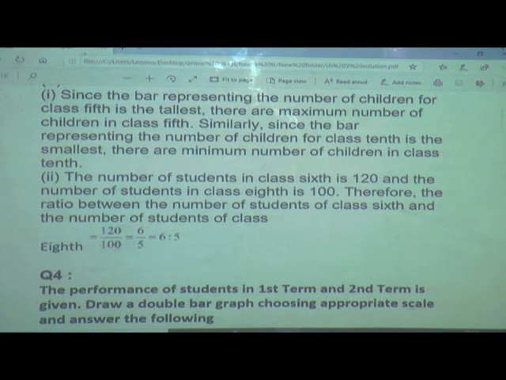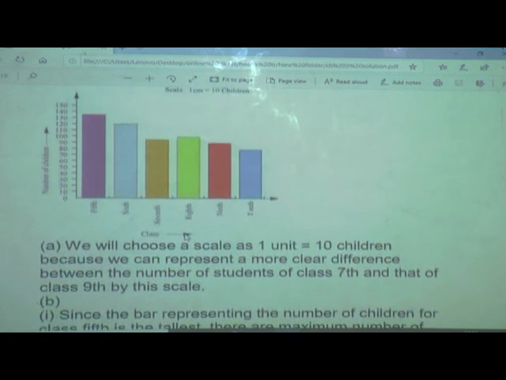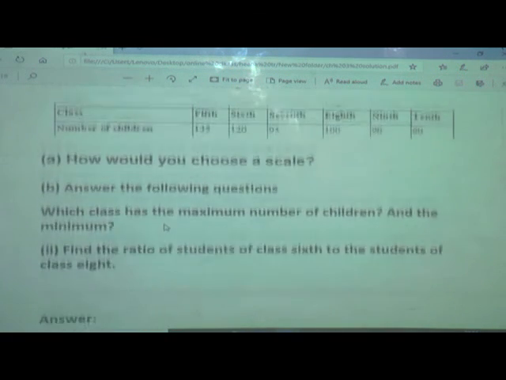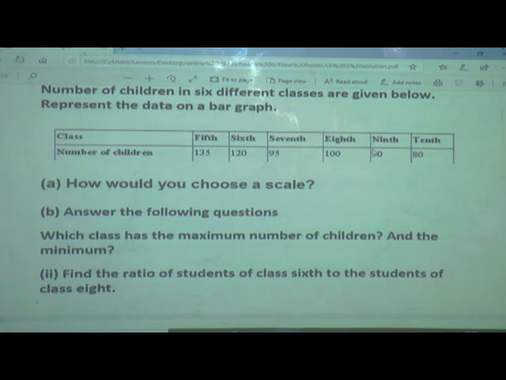Here I can go: 2 fives are 10 and 2 sixes are 12. So what we get here is 6 upon 5, which is written in the form of a ratio as 6:5. So we can say the students of 6th and 8th standard are in the ratio of 6:5. So we attempted the questions given, by seeing the data, we had plotted the graph by the given data.